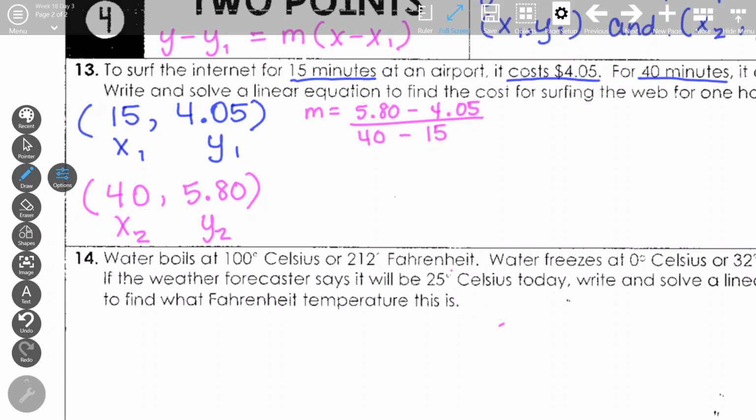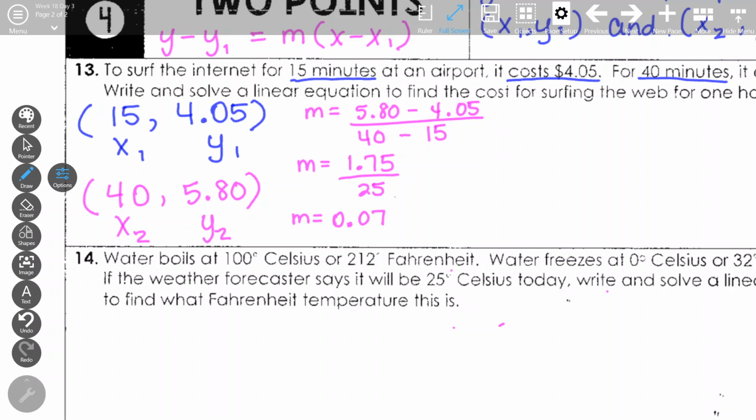So 580 minus 405, and I'm going to go down with this, not across. M equals $1.75 once I do the math. Use your calculator if you need to. 40 minus 15 is 25. You would type 1.75 divided by 25. I'm going to get my slope, and that's going to be 0.07.